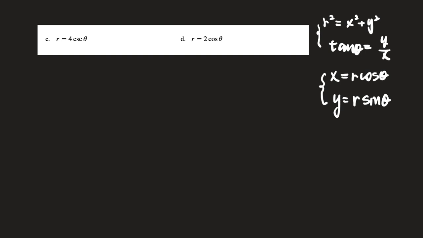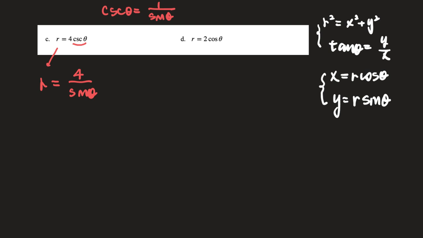So r is 4 cosecant theta. They have only cosine and sine, so let's change this cosecant by using the identity. So this one is r equals 4 over sine theta. Everyone remembers that, right? Cosecant theta is 1 over sine theta.